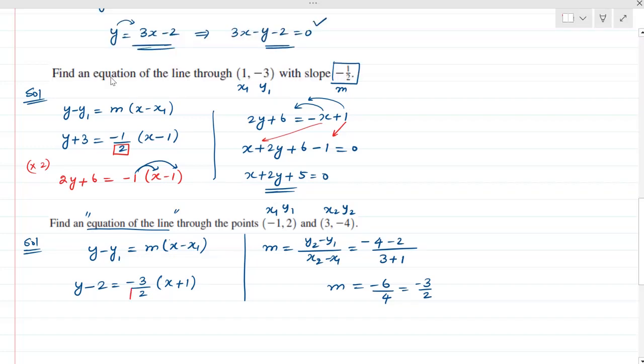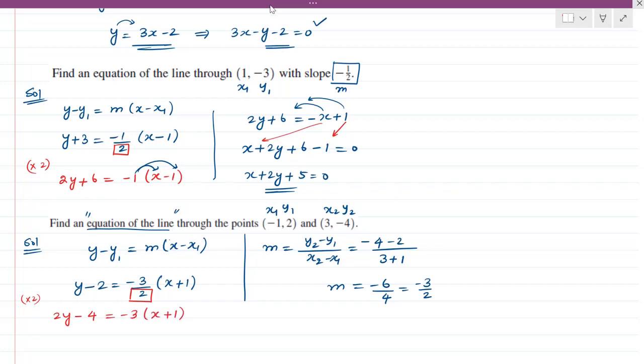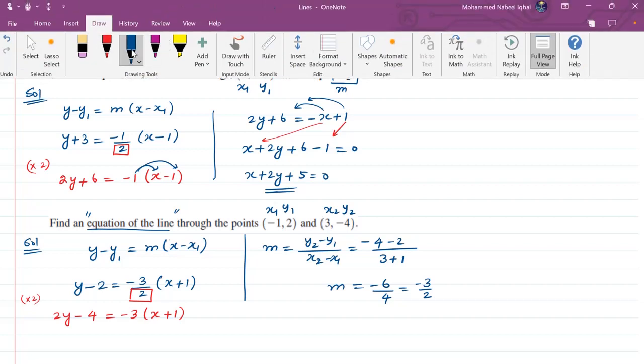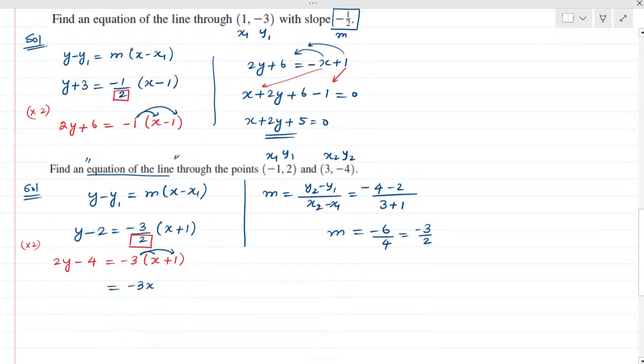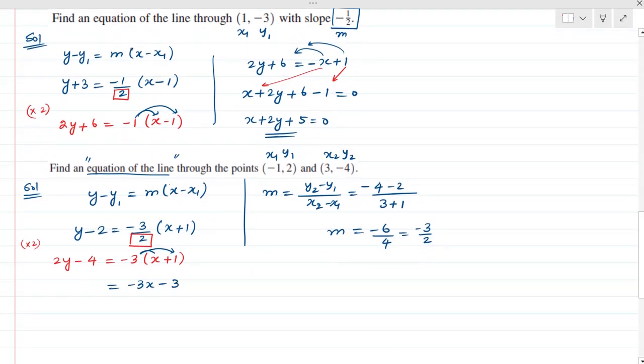I multiply the entire term by 2. So if you multiply by 2, you will get 2y minus 4 equals minus 3x plus 1. Now after that, multiply. What is the multiplication inside the x value? So here you will get minus 3x minus 3.